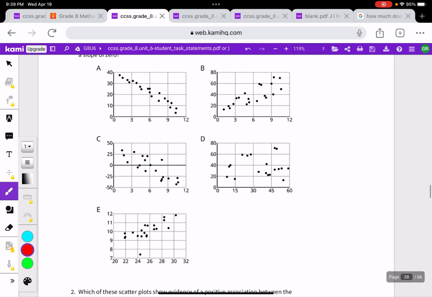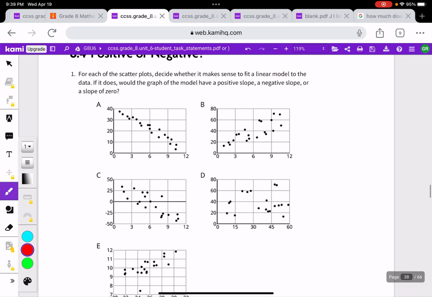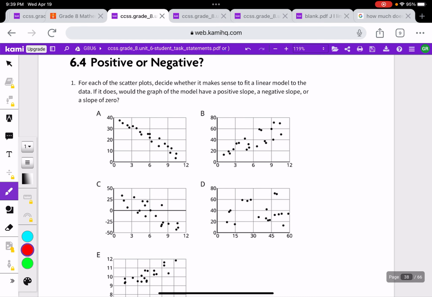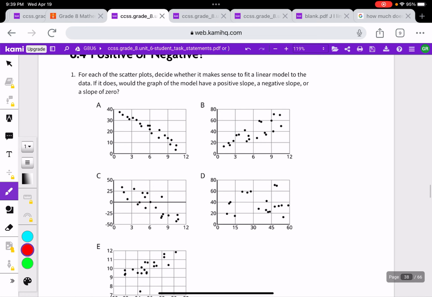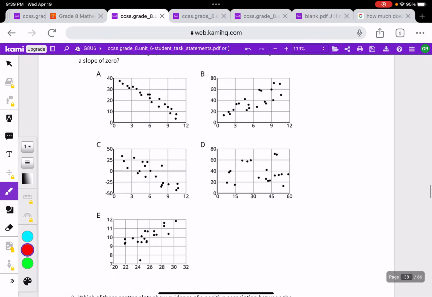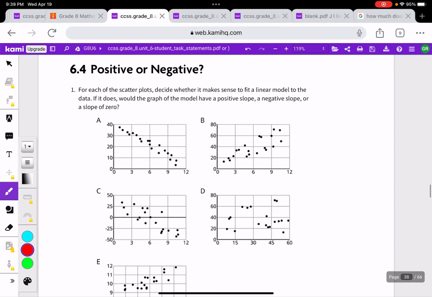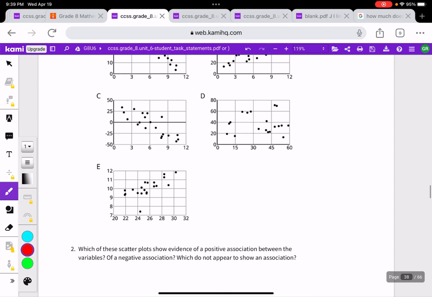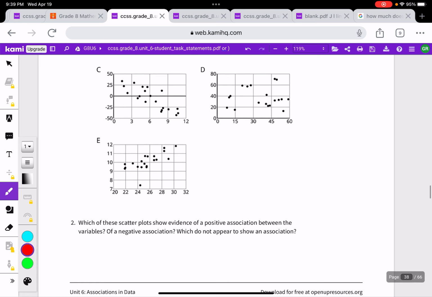D is, yeah, I wouldn't call it. That says if it does. I think D would be the one that we would say there is not a linear model that represents D. That's just going all over the place. Who knows what that's even graphing. But A, B, C, and E, I think you could say that there's a linear model, and then you just write positive, negative. I don't see a slope of 0 anywhere, so you can leave that off.